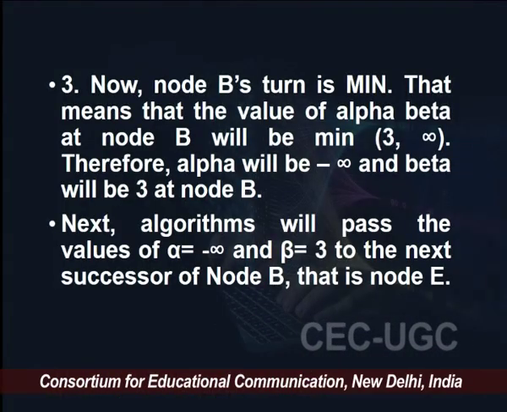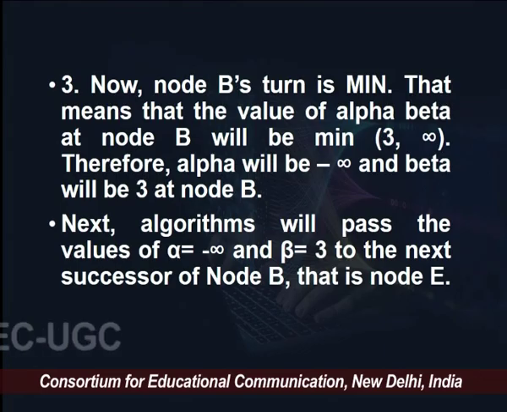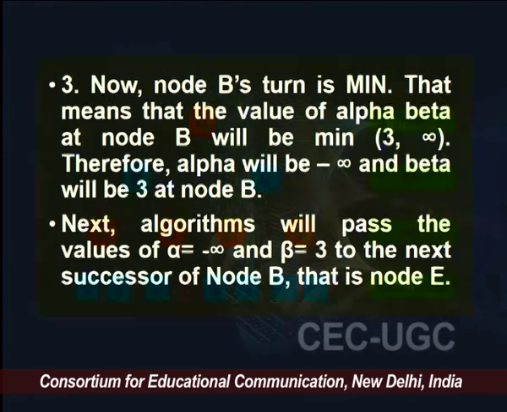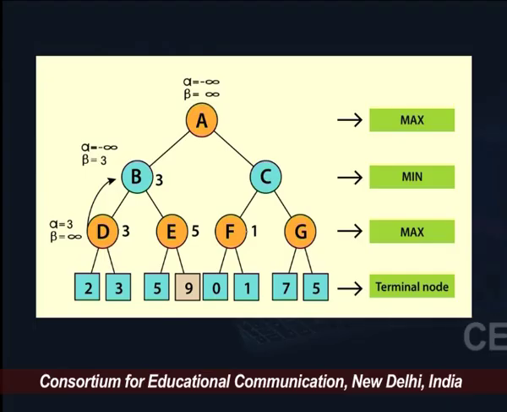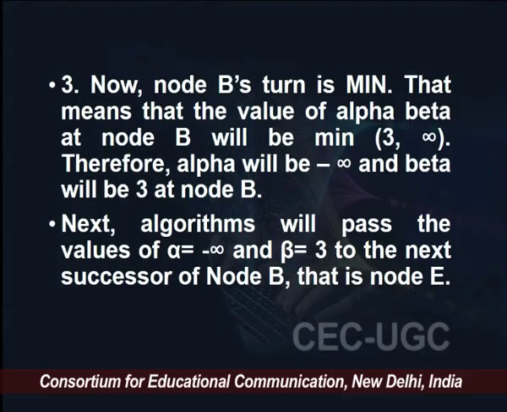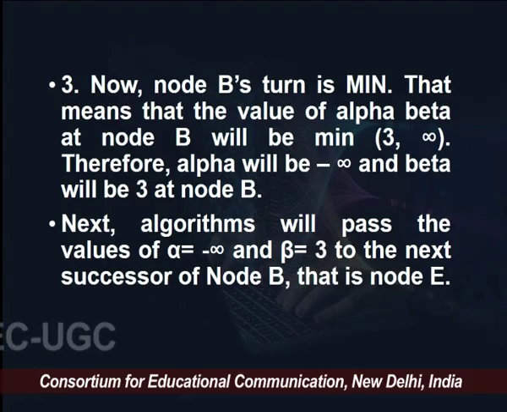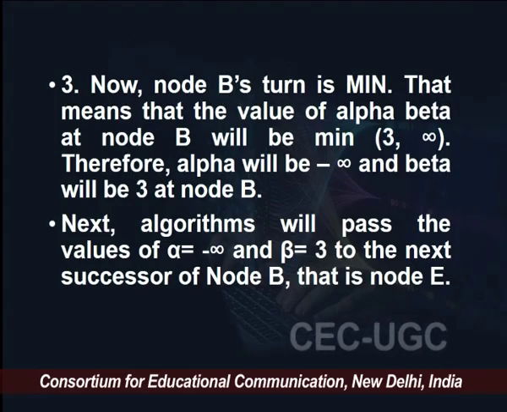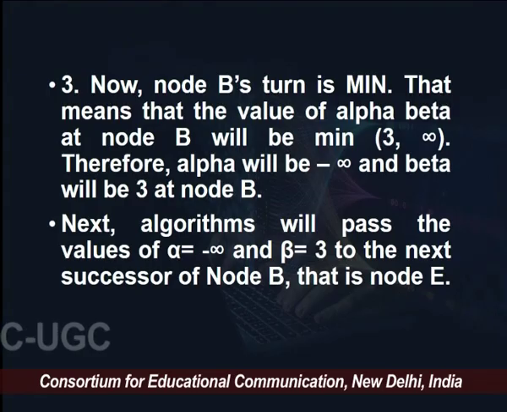Therefore, alpha will be minus infinity and beta will be 3 at node B. Now, these values are being passed on to the next level up. So, the algorithm will pass the values of alpha as minus infinity, because at min we are not going to update the values of alpha, and beta will be updated at the min ply, which is being updated to 3, to the next successor of the node B, which is the node E.